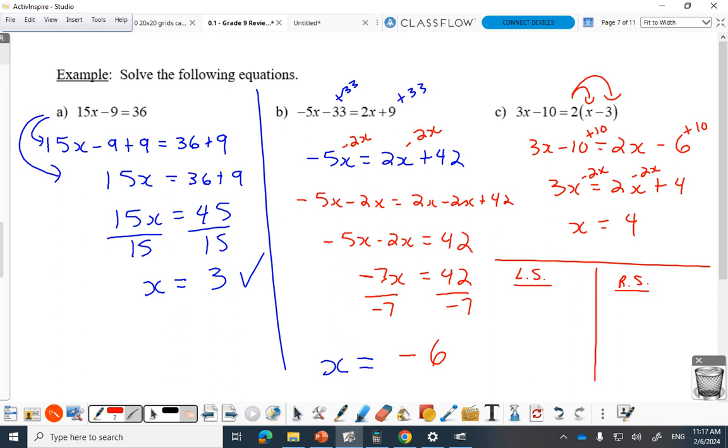How'd you do? Did you get x equals 4? If you made a little mistake there, a negative or something like that, it's not time to panic, just time for a little practice.